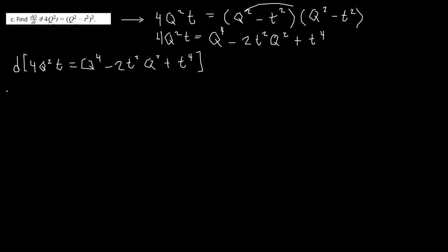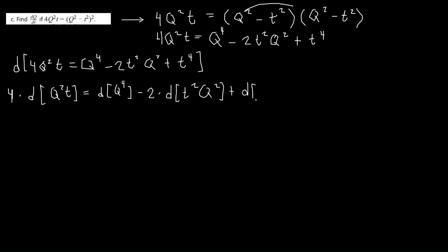For the left side, we will separate 4 and get d of q squared t. As you can see, that's a product rule, so we're going to do the product rule for that. And then d of q to the 4, minus, we're going to separate 2 and then solve for d of t squared q squared, plus d of t to the 4. So left side first, 4 times the product rule.